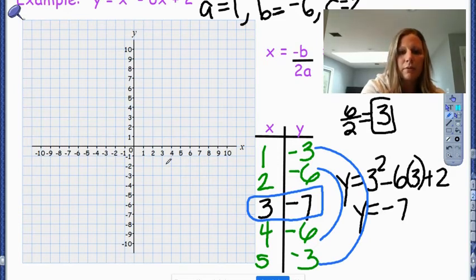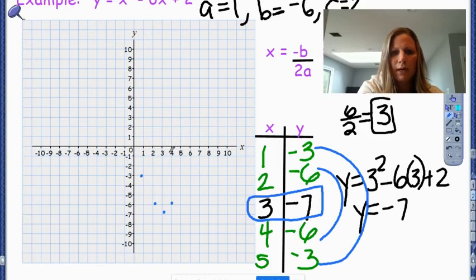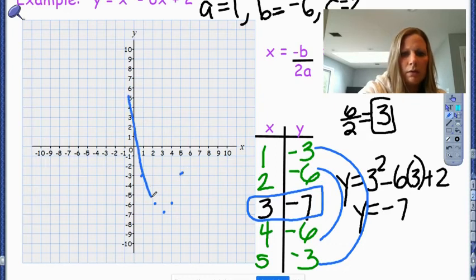So my 3, -7; 2, -6; 4, -6; 1, -3; and 5, -3. Okay, and then we have our parabola.